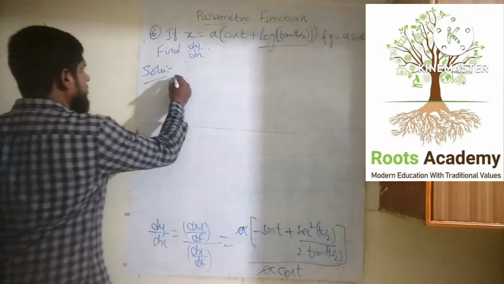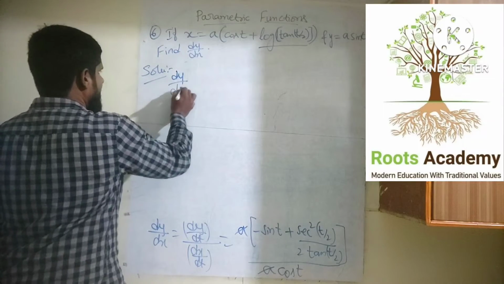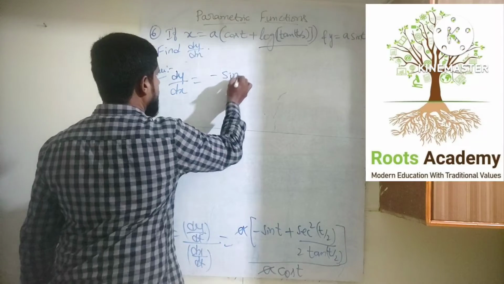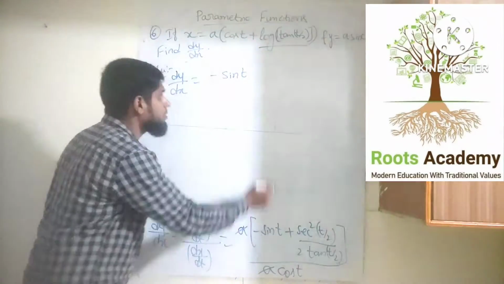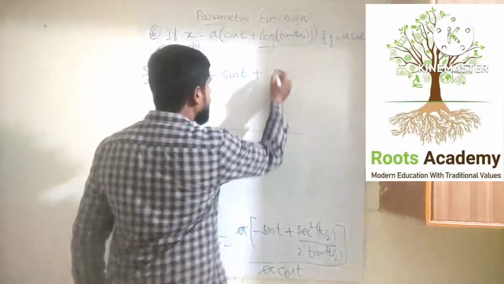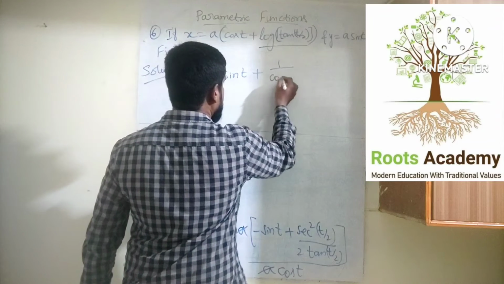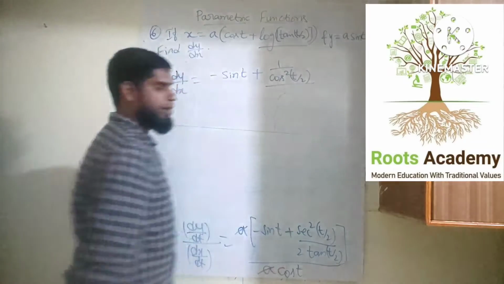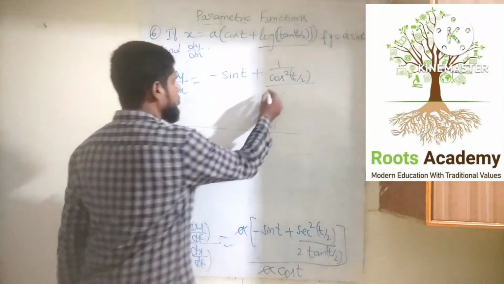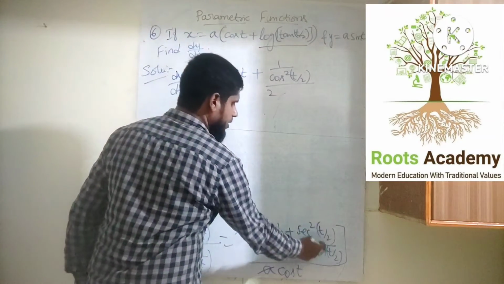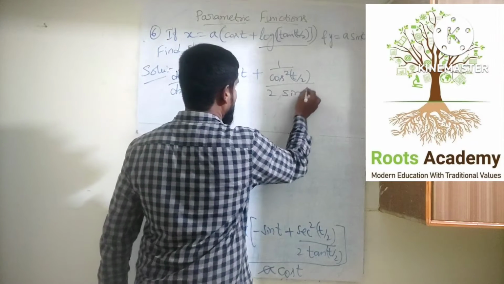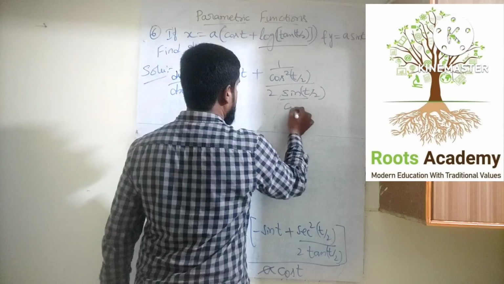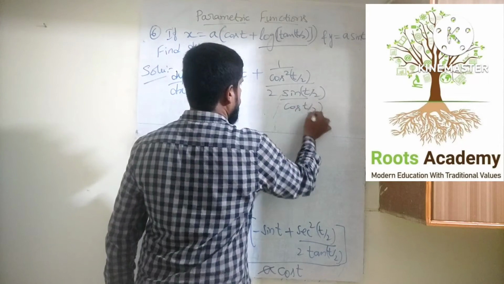A and a get cancelled. So my dy by dx is equal to minus sin t, no changes in the first term, plus, and there is a change now, secant square can be written as 1 by cos square t by 2 all divided by 2. Tan can be written as sin t by 2 divided by cos t by 2.